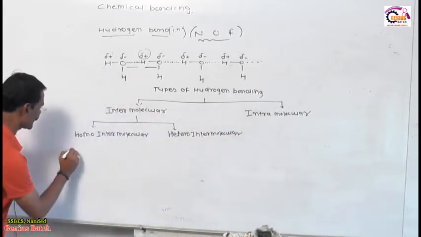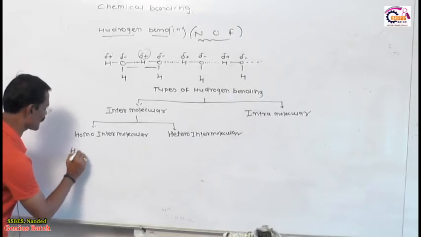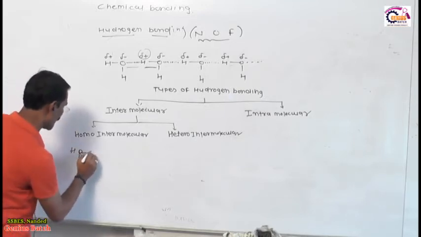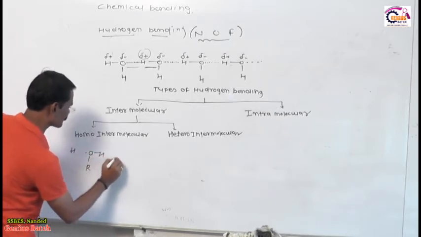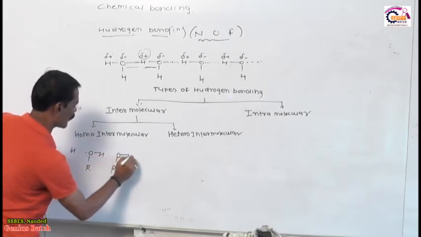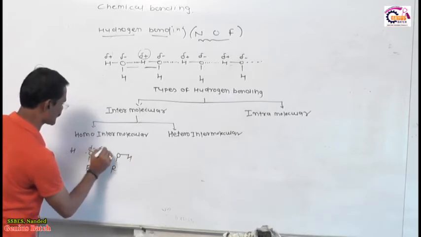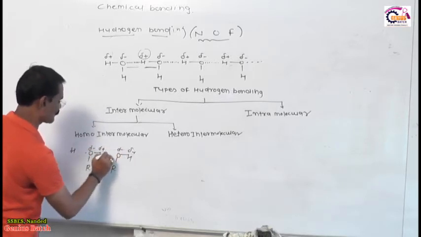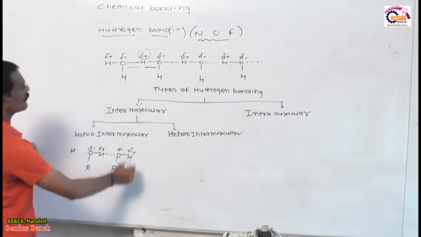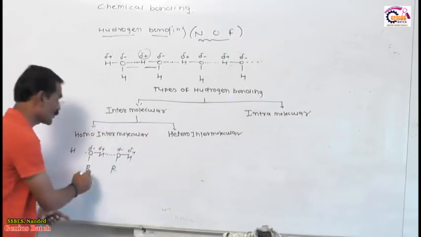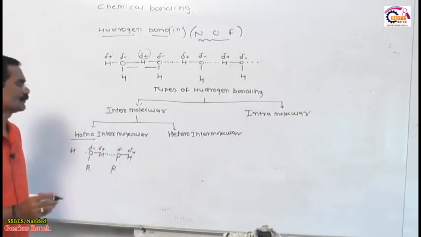Homo means hydrogen bonding between, for example, two alcohols, R-OH and another R-OH, with minus and plus charges. This is intermolecular because there are two different molecules, but both molecules are the same, therefore it is called homo.